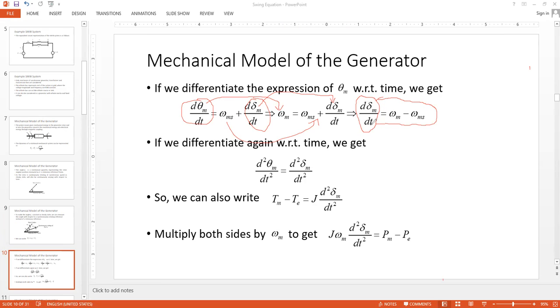So d delta m over dt is nothing but some relative speed of the rotor. So that means this d delta m by dt will give you some non-zero value whenever you have this omega m and this omega ms unequal.